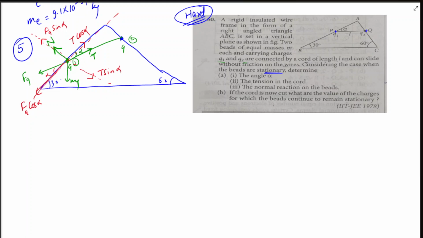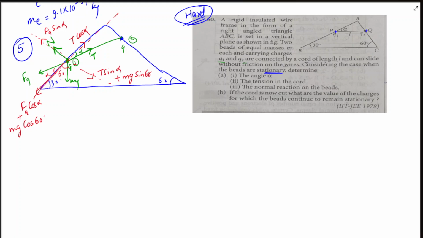Perfect. So this is alpha, this is 90 minus alpha. But wait, this is 30 degree and this is 90 degree, so this must be 60, right? So here we will get mg cos 60, and here mg sine 60, right? Be careful while resolving these.